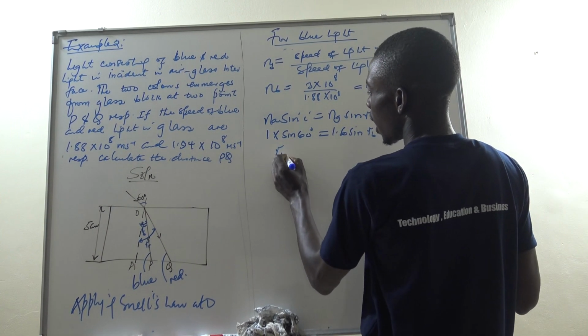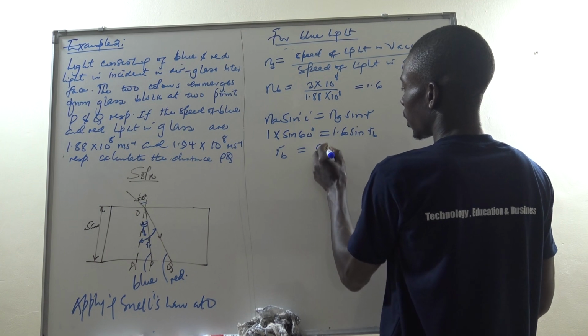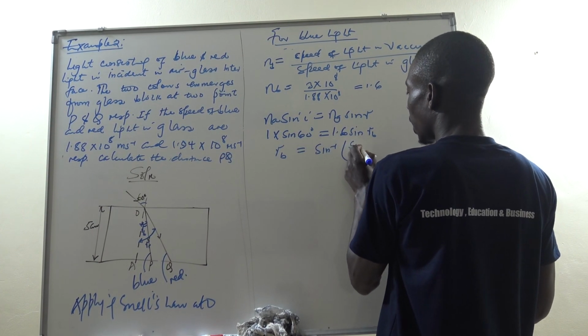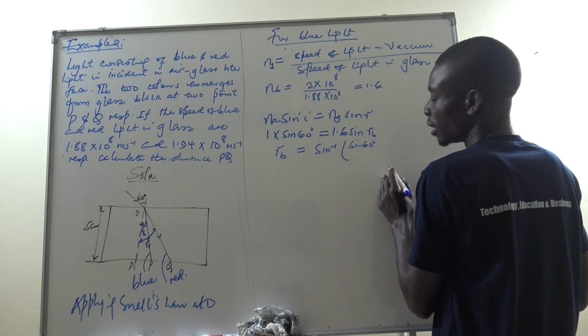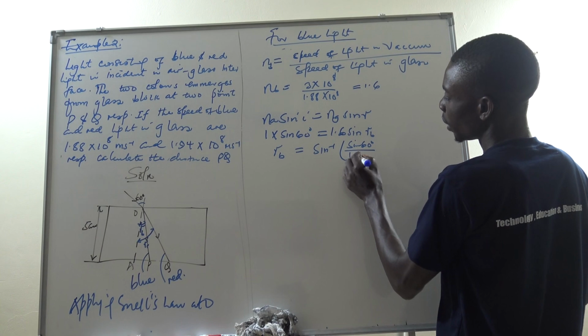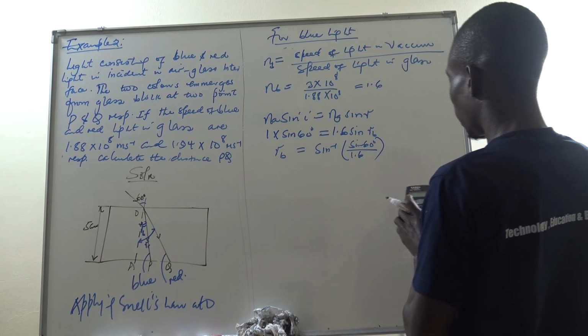So my R B is the sine inverse of sine 60 divided by 1.6.